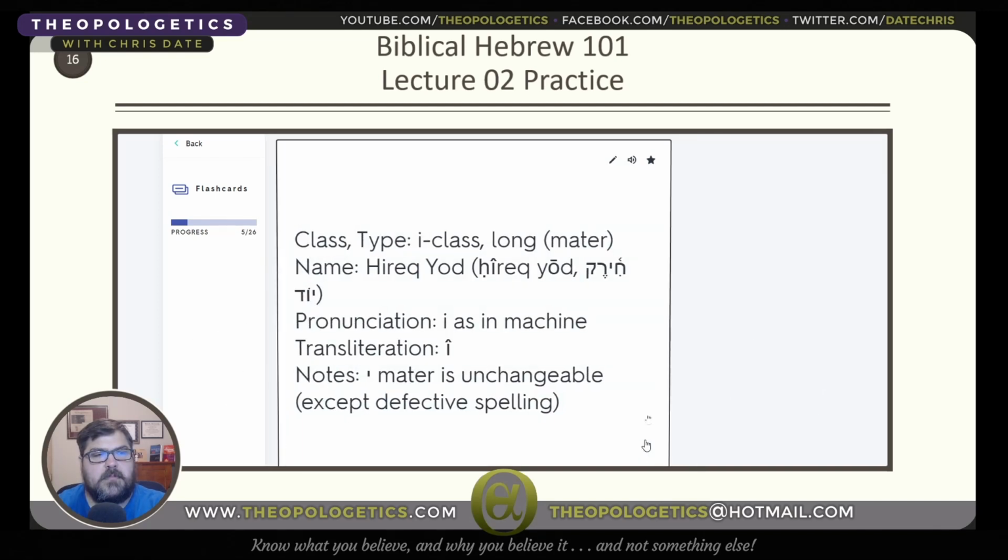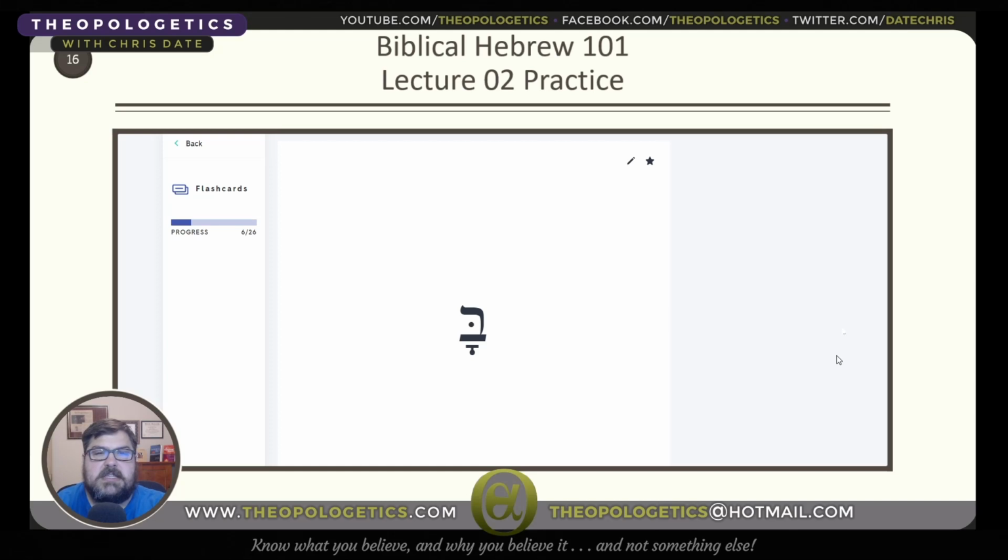There we go. Next up, the little T under the bait, under the consonant. Now, this is a bit of a trick question, which may give you a little clue as to what this is. So this is one of either 2 vowels. This is either the A-class long vowel kamets, or it's the O-class short vowel kamets chatuf.